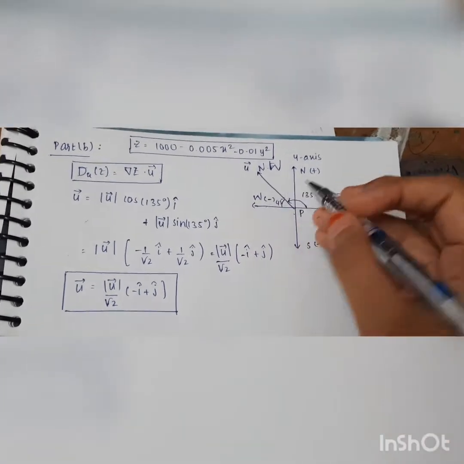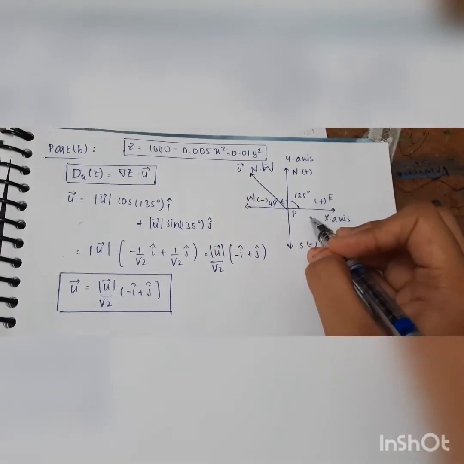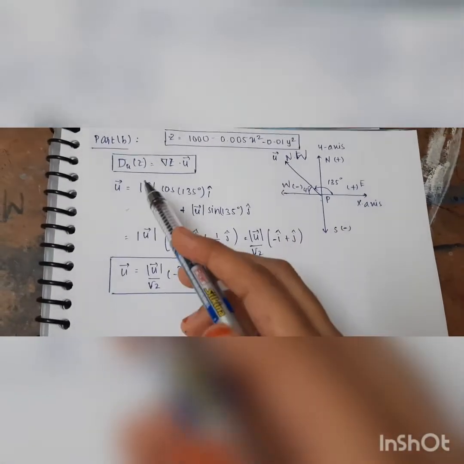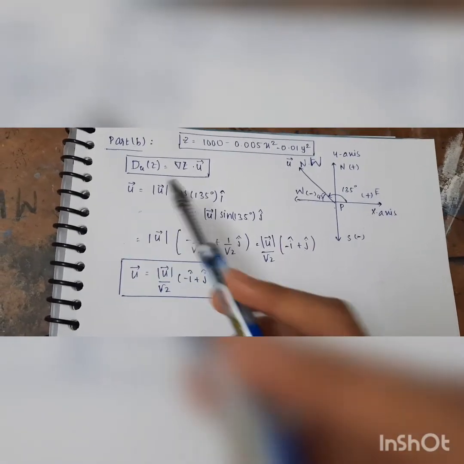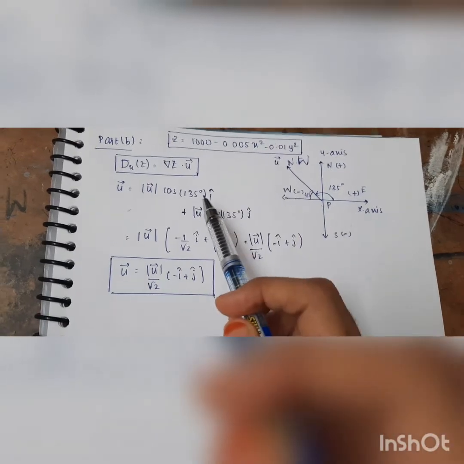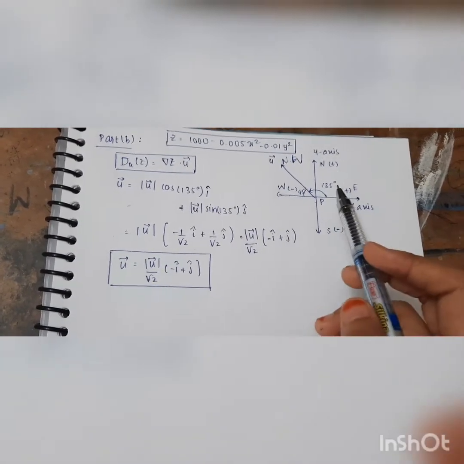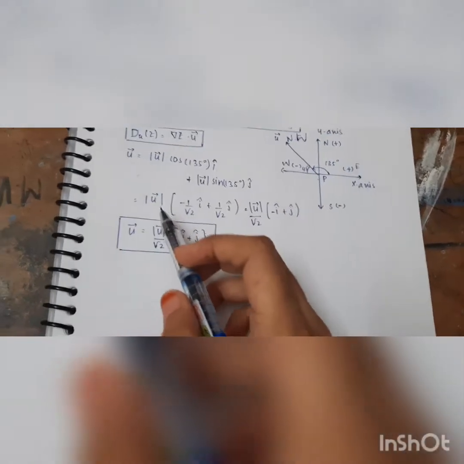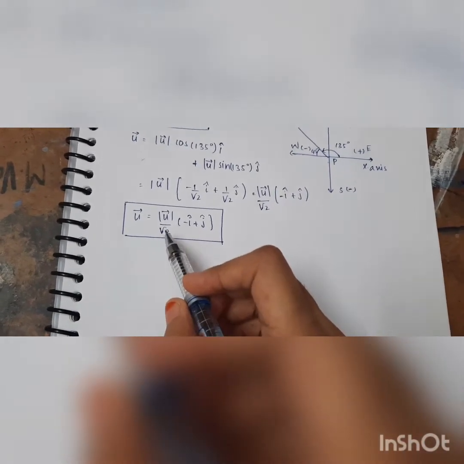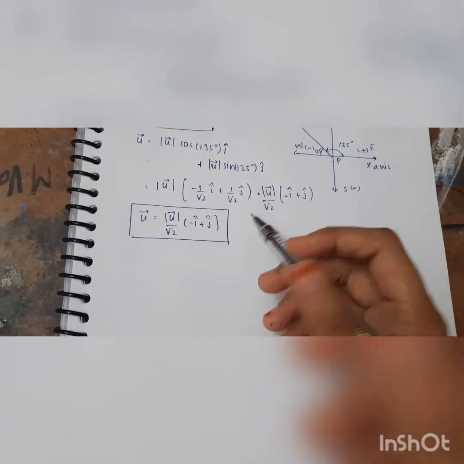Now part B of the question: if we move northwest, the angle of the vector of our position vector would be 135 degrees from the positive direction of the x-axis. So our vector would be u bar is equal to modulus of u bar into cos 135 i cap plus modulus of u bar sin 135 j cap. So that would give us u bar is equal to modulus of u bar by root 2 into minus i cap plus j cap.